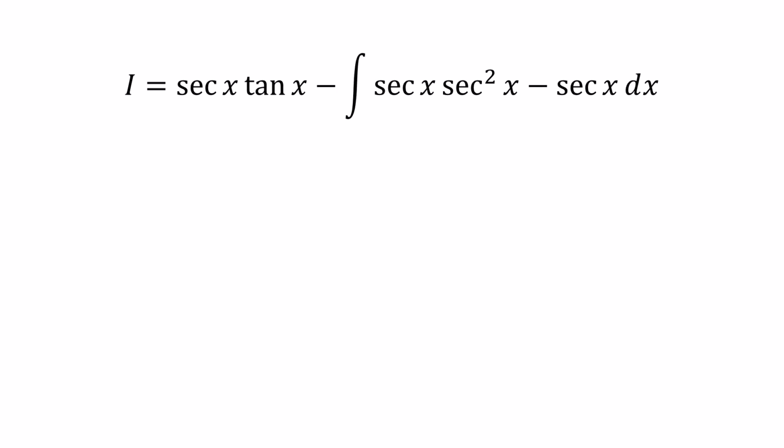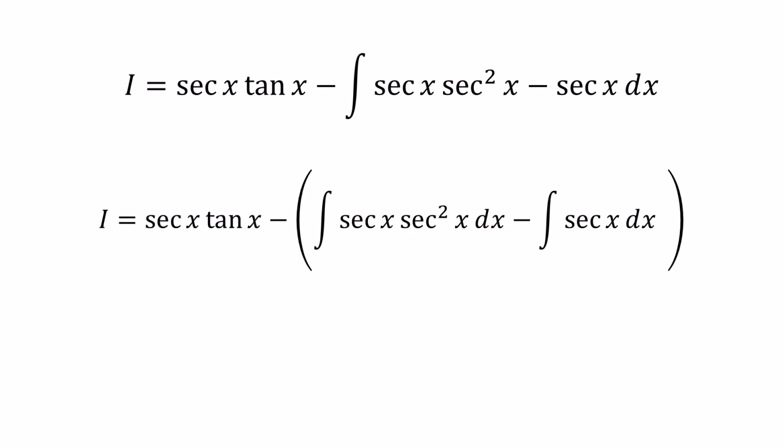Applying the sum rule then gives I equals secant of x tangent of x minus the integral of secant of x secant squared of x dx minus the integral of secant of x dx.